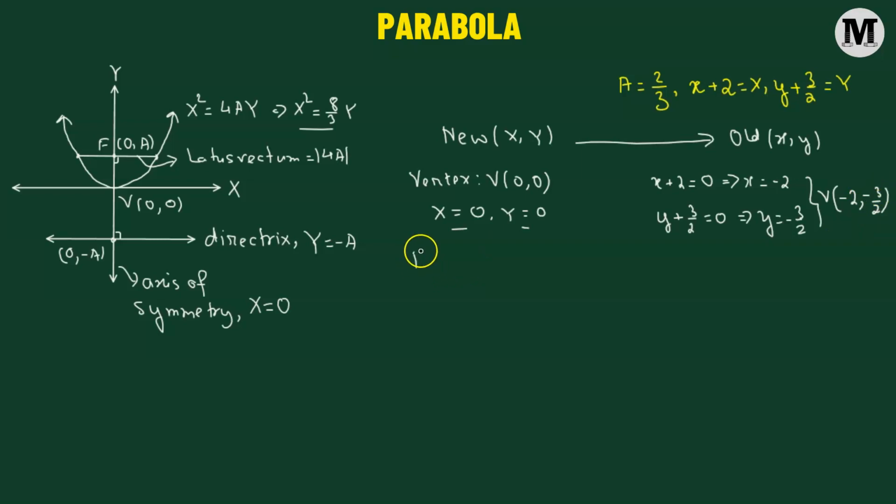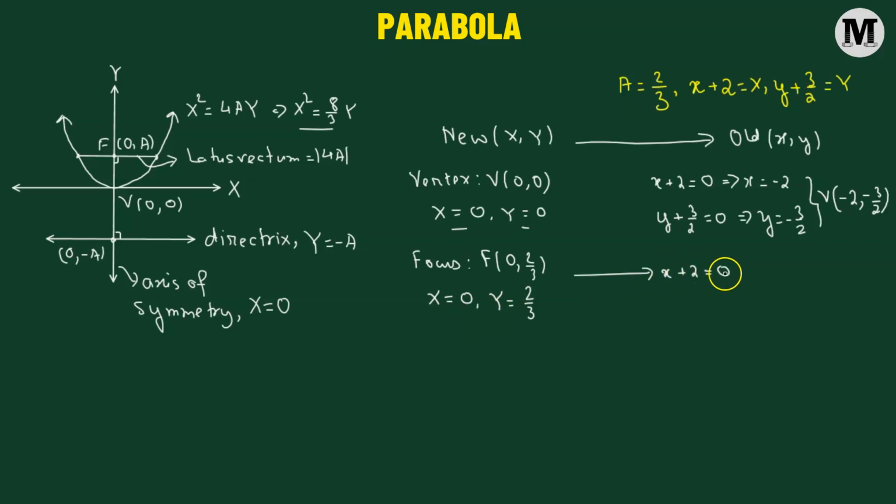Then we have the focus of the parabola in the new coordinate system. The focus is at 0 comma a. Now since a is 2 over 3, the coordinates of the focus are 0 comma 2 over 3, which means that the value of X will be 0 and the value of Y will be equal to 2 over 3. So we'll go to the old coordinate system by using the same equation, but in place of X, we're going to use x plus 2.